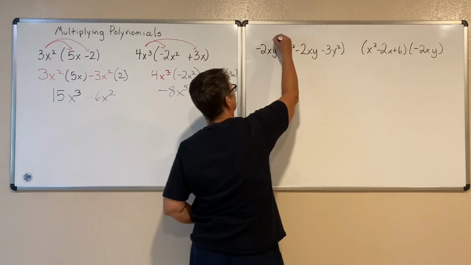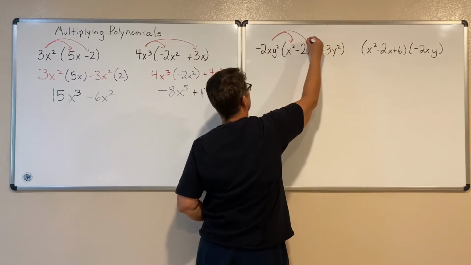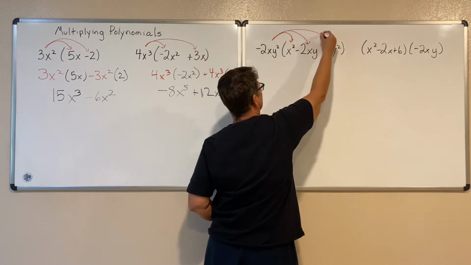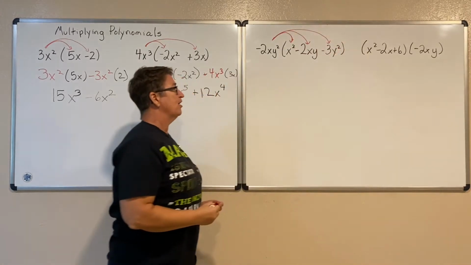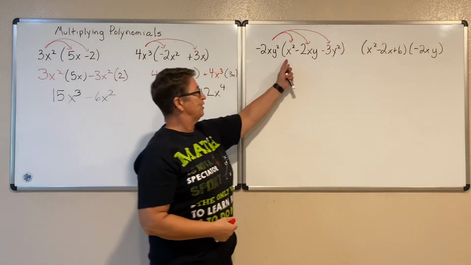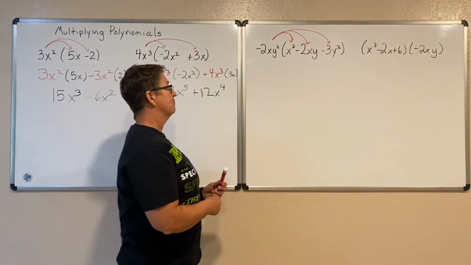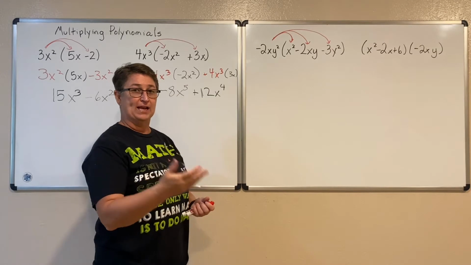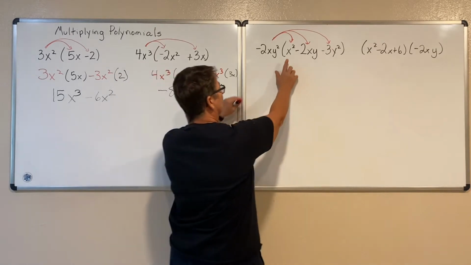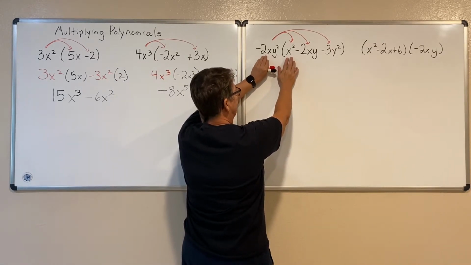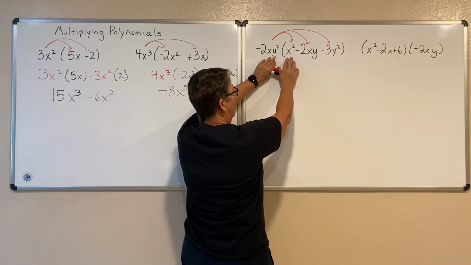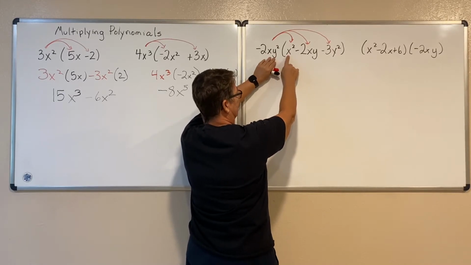We're going to distribute this negative 2x times y squared. This time though, I have 3 terms inside these parentheses that I'm going to multiply that by. Let's see if we can do it without writing it out for each one. So I'm going to multiply this negative 2x y squared times this x squared.